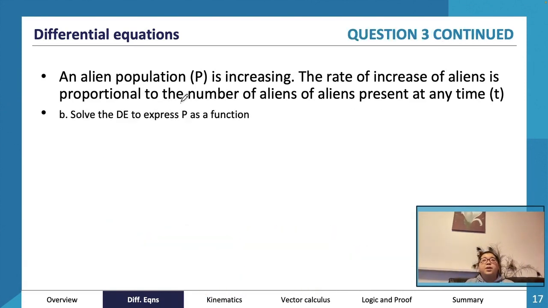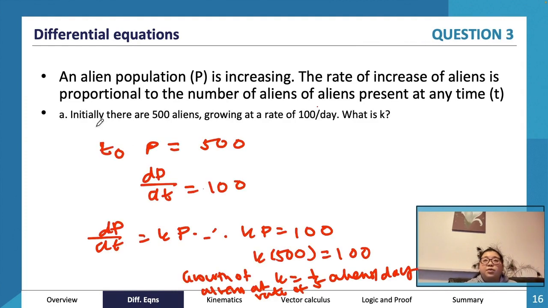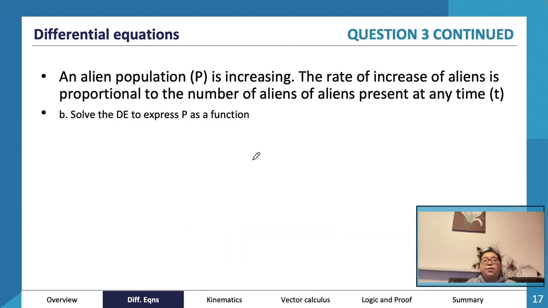Cool. Awesome. Alright, so solve the differential equation to express p as a function. What can we say? We can use the equation from the previous one and put that in, so that your p value is going to be equivalent. There are two ways to do it.